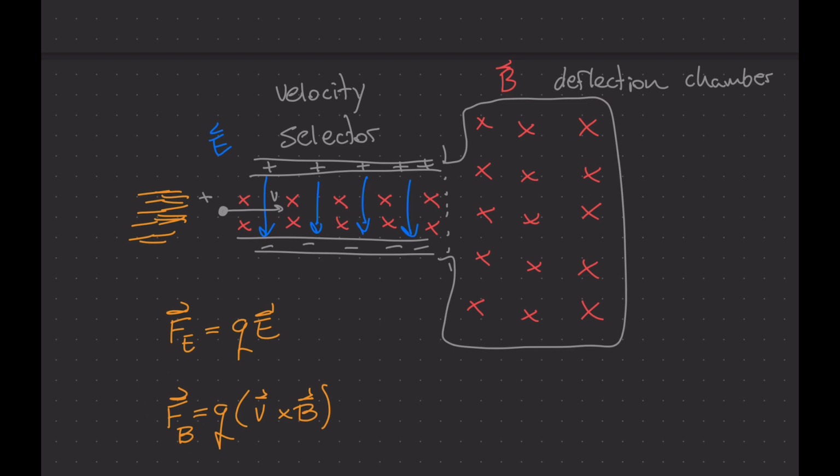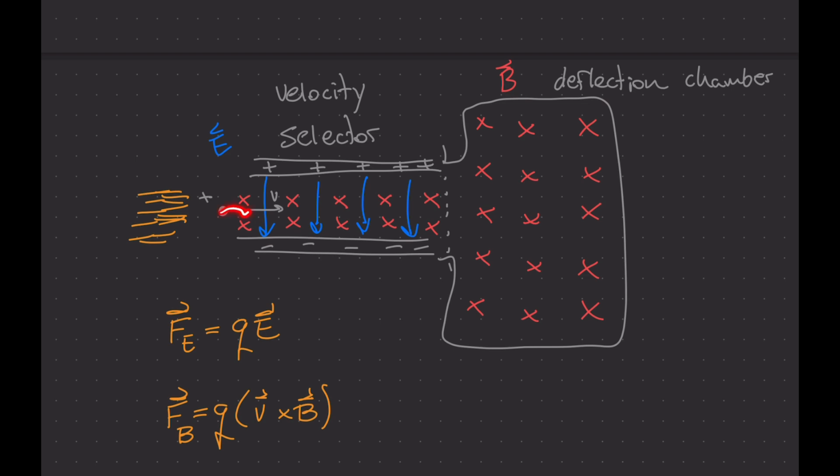So I can do the right-hand rule. Thumb in the direction of v, pointer finger in the direction of B, which is into the page, and the force will be directly upwards, right? So the positive charge will feel an electric force going downwards and a magnetic force going upwards.